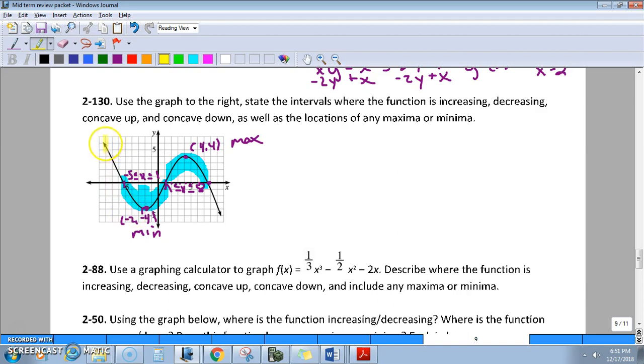It is decreasing from negative infinity to negative 2. It is increasing from negative 2 to positive 4. And look at that, it is increasing from my lowest point to my highest point.